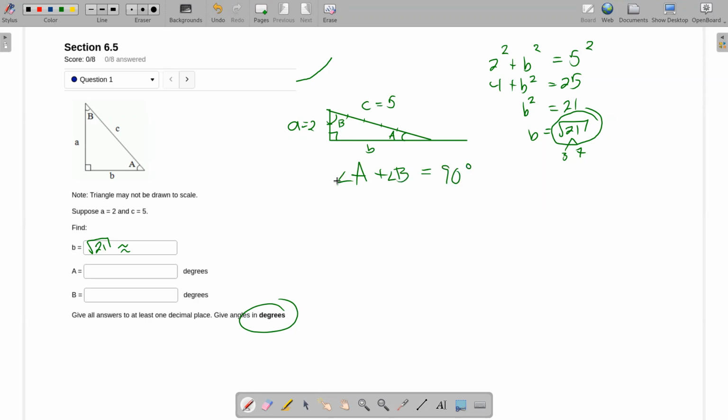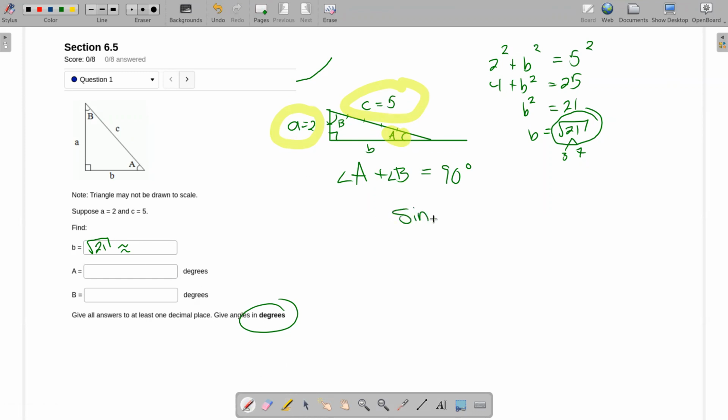So then I need to figure out more information about one of them. Well, we were given A equals 2 and C equals 5. If I focus on angle A here, side A is opposite, and length 5 is the hypotenuse, opposite over hypotenuse. Which trig function is that? That sounds like the sine.